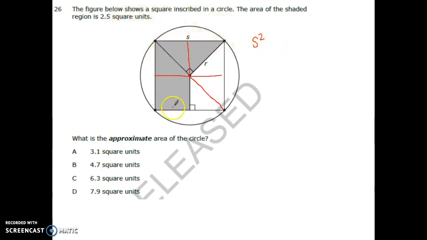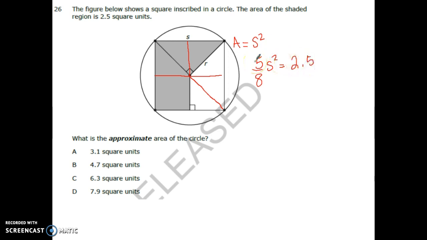The area of the entire thing is side times side, but 5/8 of the side squared is giving me 2.5. So that's how I set it up. So the area is equal to s squared, and so I'm saying that 5/8 of the side squared is 2.5.